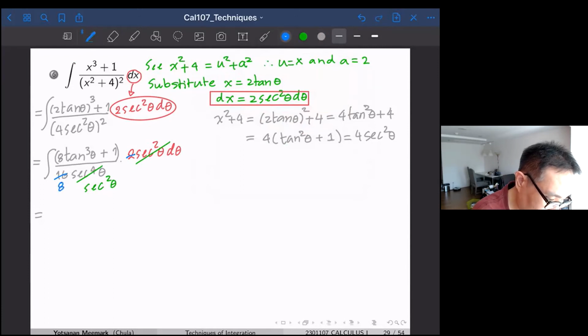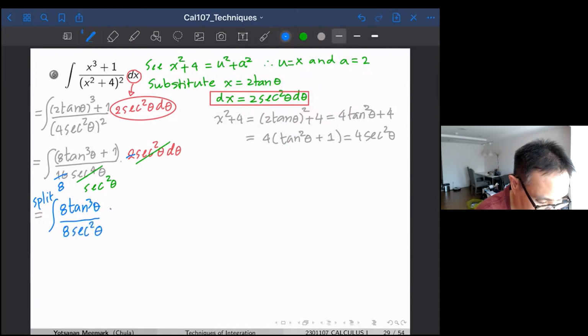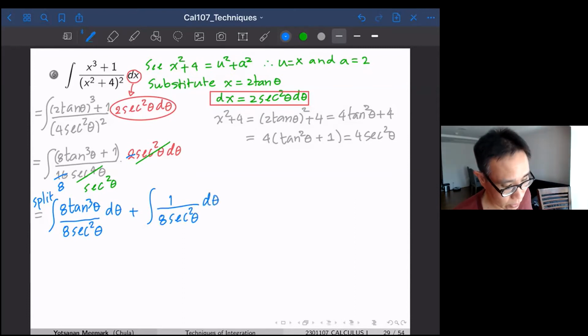So you see that you're going to split this one into tan cubed theta over 8 times sec squared theta d theta. So that's my first term, and the second term is going to be 1 over 8 sec squared theta d theta. So you split this into 2 terms, and you get rid of 8.